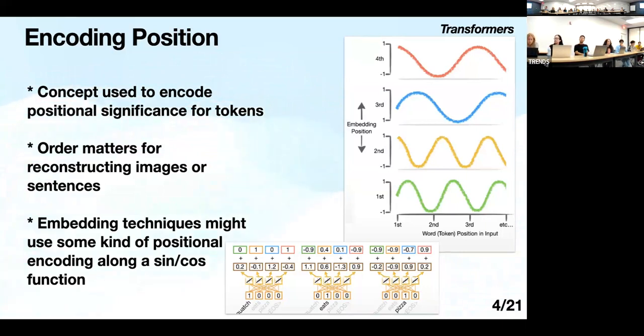So we have to use an embedding technique that preserves the order of the tokens. One way this is done is embedding the position of each token on different cosine or sine waves, depending on the position of the token in the sequence. These numerical values can then be combined with the word embeddings.